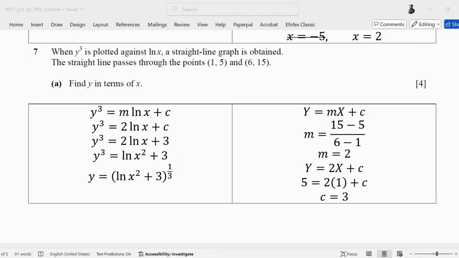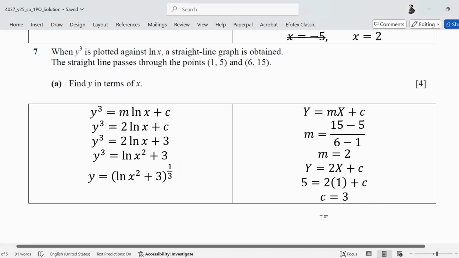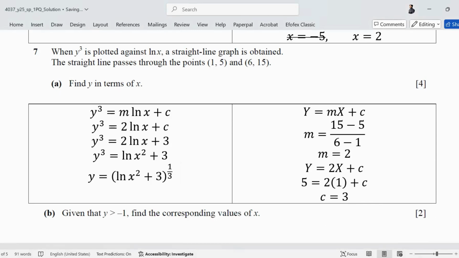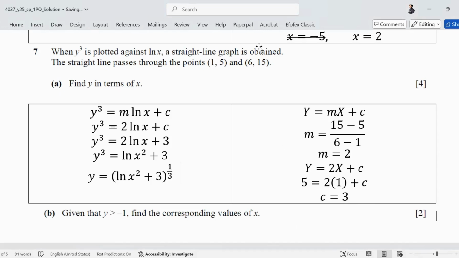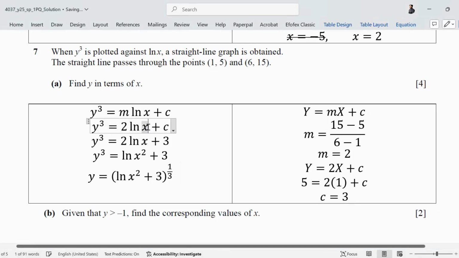Now the question wants us, so it is a positive gradient value, a positive gradient line, and the question wants us to write corresponding values of x. So we know that when it is a positive gradient line, if I increase the input of ln, my overall value of y will increase.